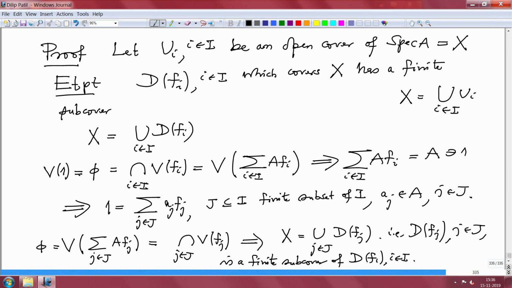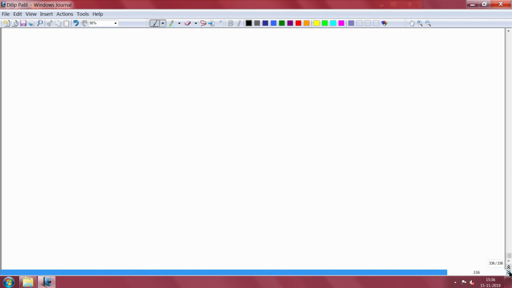Alright, so we have seen it is quasi compact. Now, I will come back soon to the spectrum, but before that I will write down a few more properties. Okay, the next one, if you like, you call it a proposition.